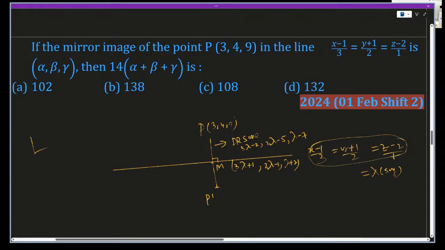As L is perpendicular to L means the line perpendicular to PM, therefore A1 A2 plus B1 B2 plus C1 C2 should be 0. Direction ratios of this you got, and here direction ratios are 3, 2, 1. But you must do it carefully.